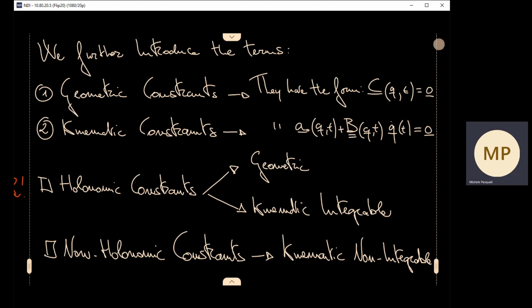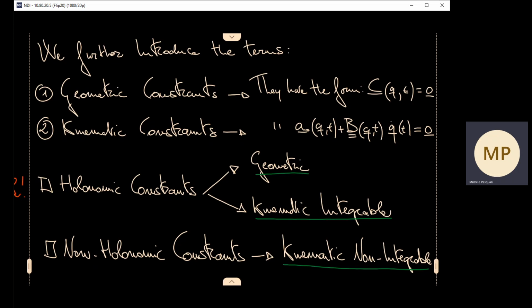So this was basically made to possibly limit confusion. Holonomic constraints are those that constrain the position, the configuration.